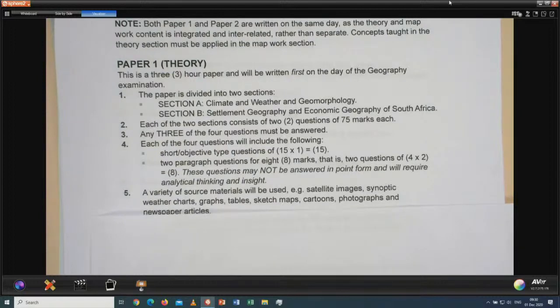You will be asked questions based on that, but you must have what we call the insight that we talked about. You must relate whatever information you see here with geography. You must be able to interpret it geographically.